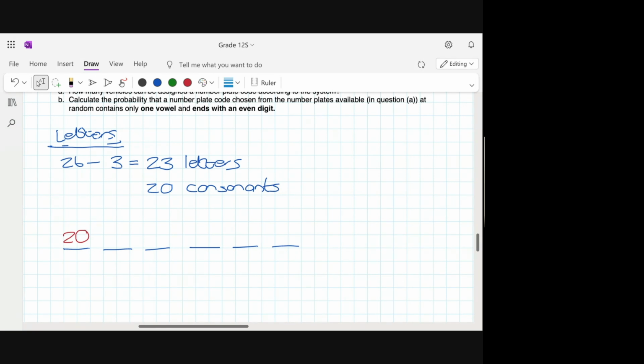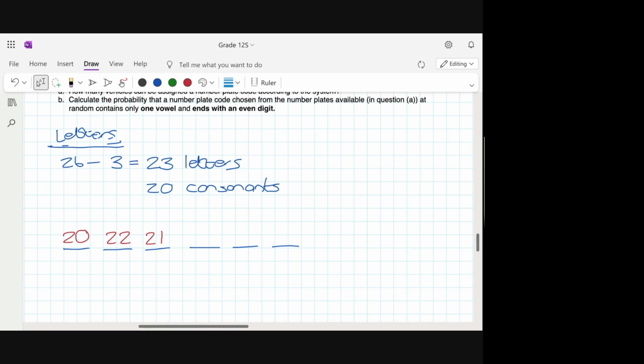Then for my second letter, I would have had 23 options, but I can't repeat it, so now I've only got 22 options. And my third letter, because it can't be repeated, I have 21 options.